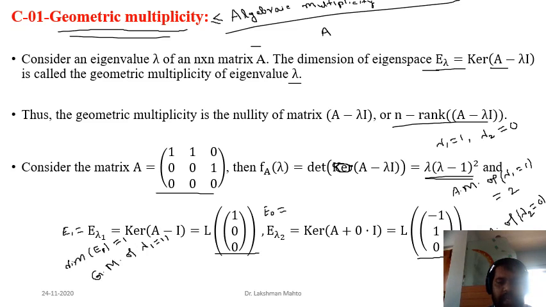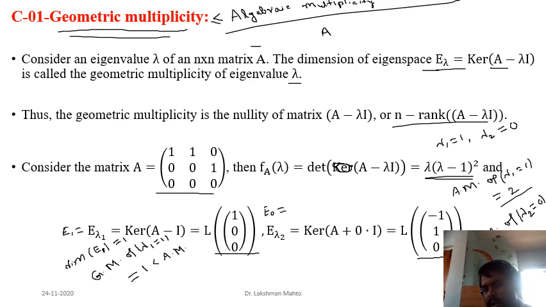And what is the dimension? Dimension is 1. And definitely we can observe that this one is less than the corresponding algebraic multiplicity, because the algebraic multiplicity is 2. So it is less than the algebraic multiplicity of eigenvalue 1.